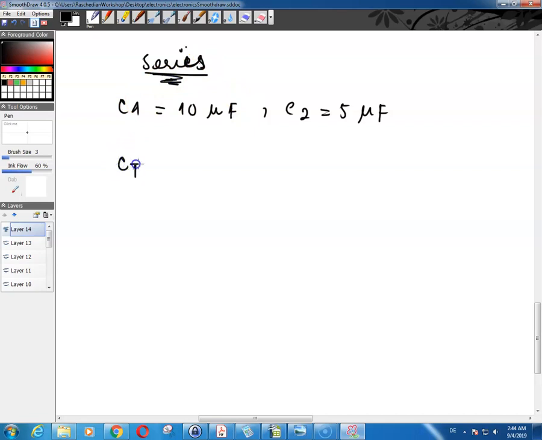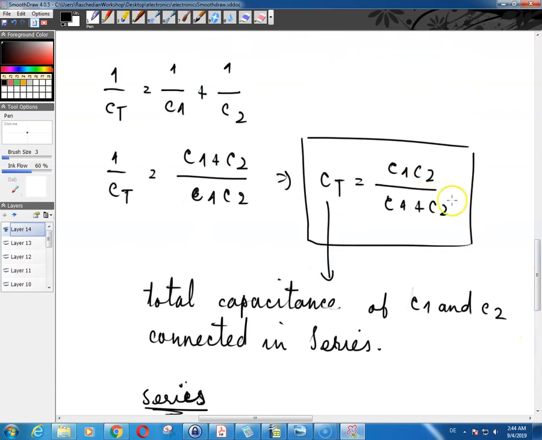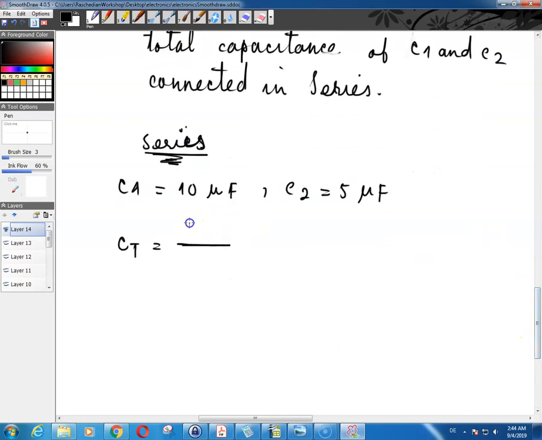We said that C of t is equal to C1 times C2 over C1 plus C2.